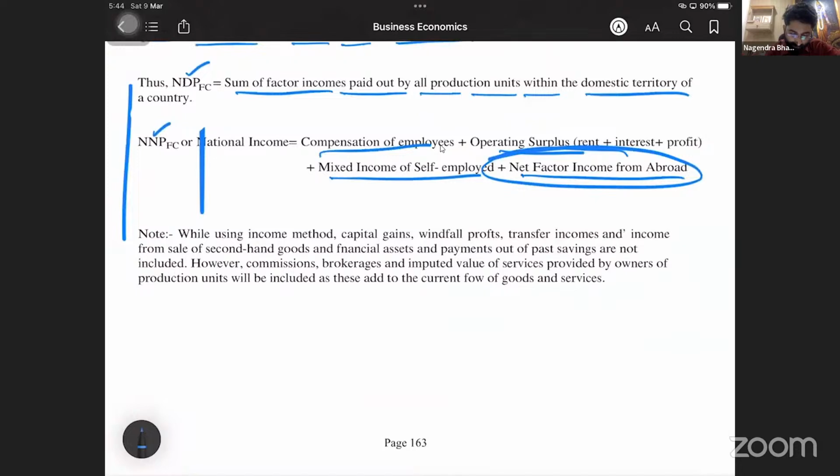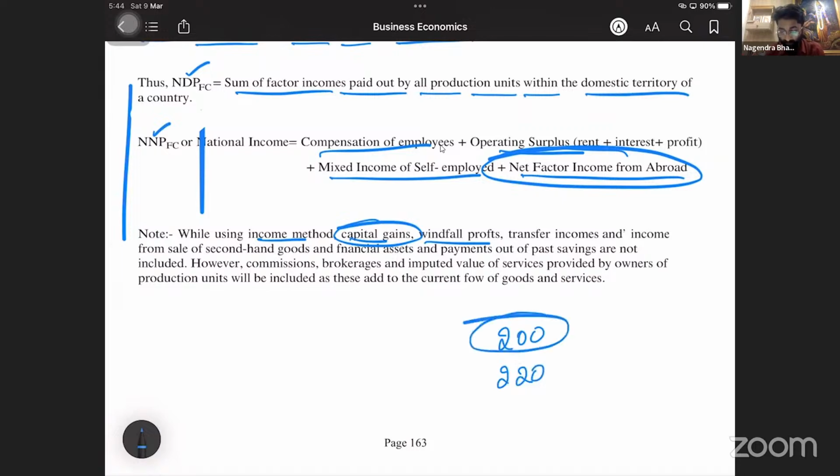Note, while using the income method, capital gains and windfall profits are not included. Capital gains, we know. Sir, what is capital gain? Capital gain is nothing but, for example, you have purchased a share for 200 and you are selling it for 220.